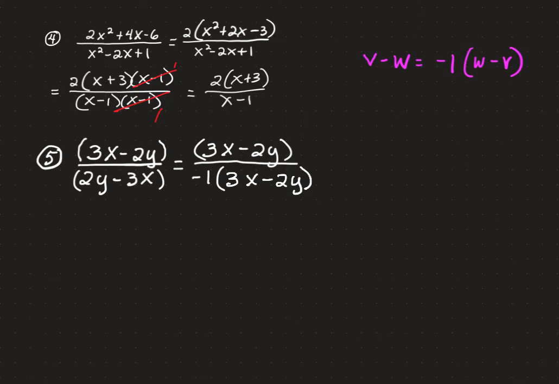And now that I've done that, on the bottom I have the factors -1 and the quantity 3x minus 2y, which is the same as what I have in the numerator. Those will cancel. So right now I have 1 over -1, which is equal to -1. That is the simplest form of the original fraction.